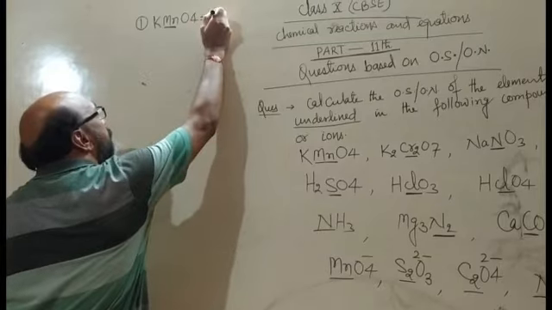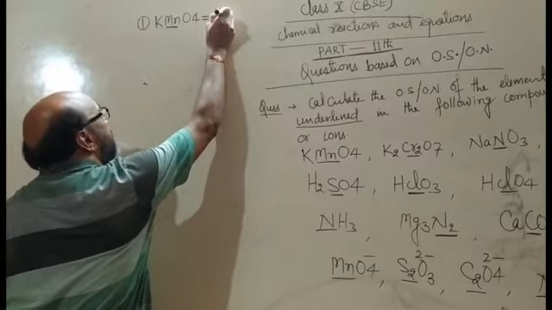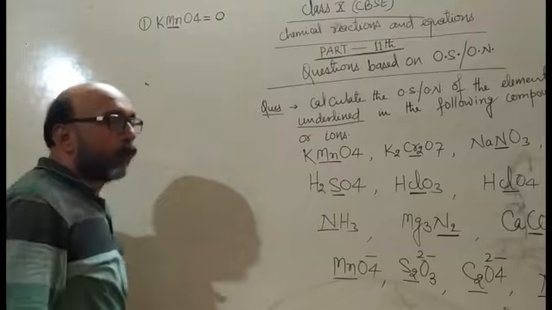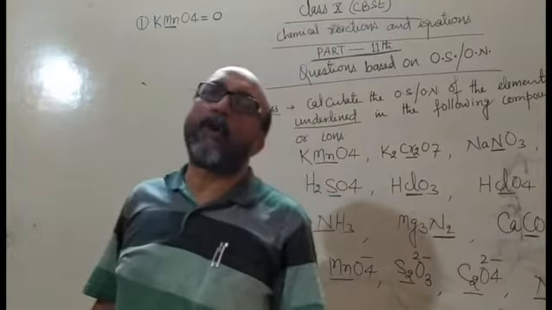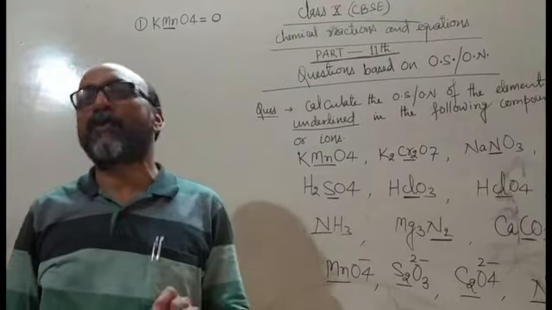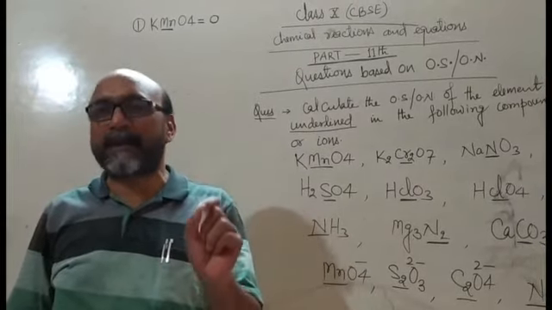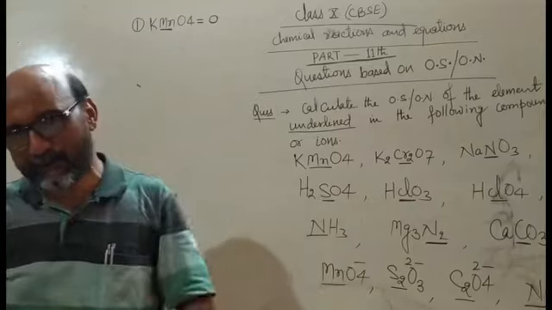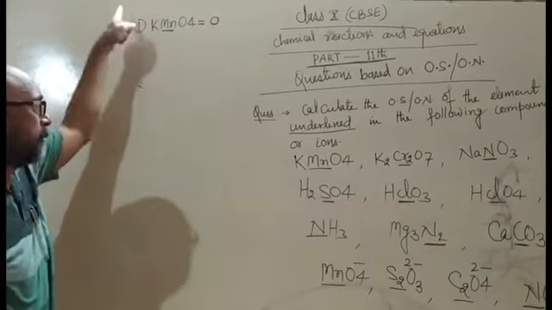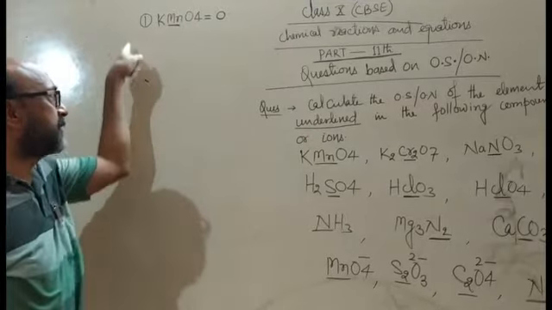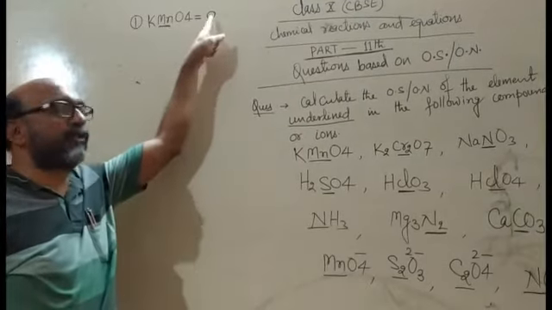Among all these rules, one rule is that the total algebraic sum of oxidation states of all elements present in a compound is 0, which I have used here. The total sum of the oxidation states of all these elements is equal to 0.